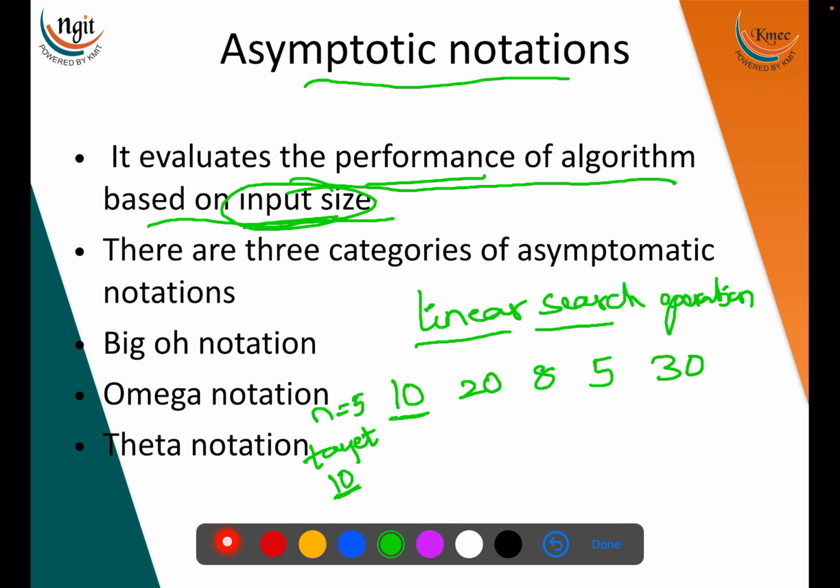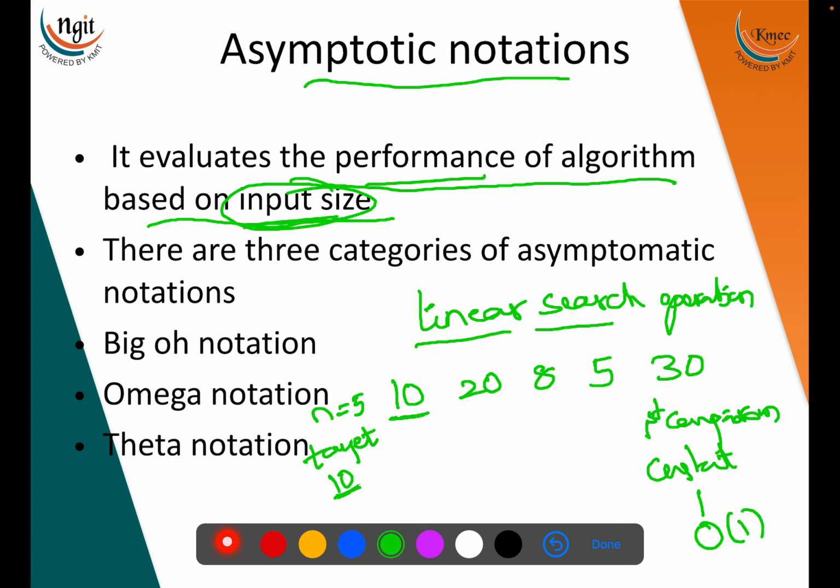So the performance of this algorithm is successful in the first comparison. To search the element, I need not go ahead with all n elements. So it is constant time, 1, and that will be shown with big O of 1.